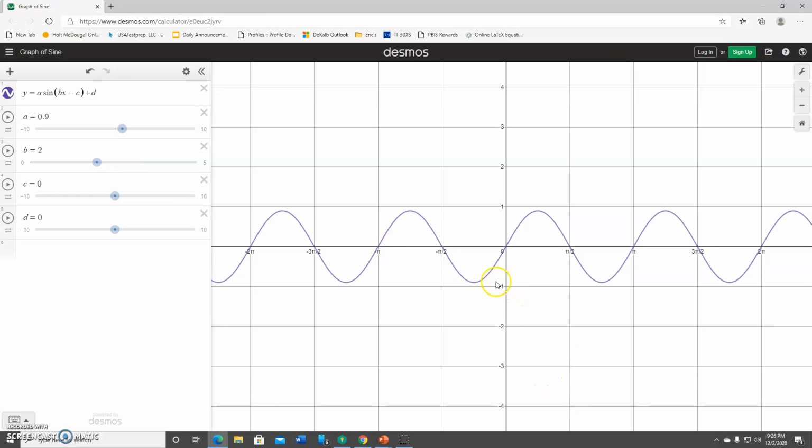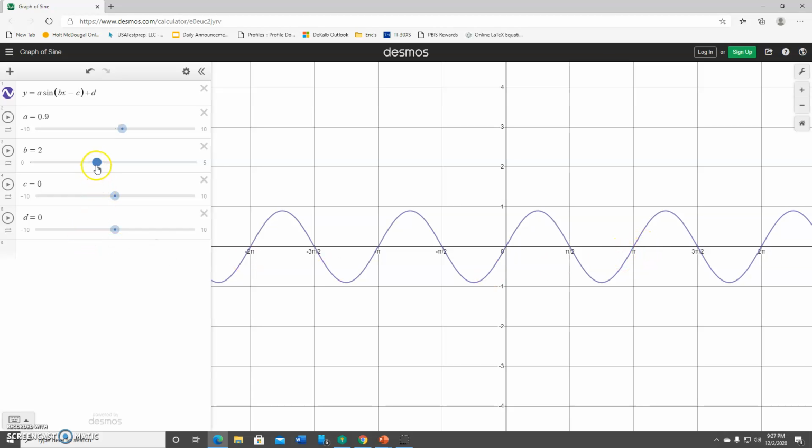When I change it to 2, let's compare. Normally, it would take a distance of 2 pi before it starts to repeat. Now it's a distance of only 1 pi. So it looks like as B goes up, the period goes down. It's kind of counterintuitive. Right now, the period is pi. The original period was 2 pi. So if I took this 2 pi and divided by 2, I would get a single pi.